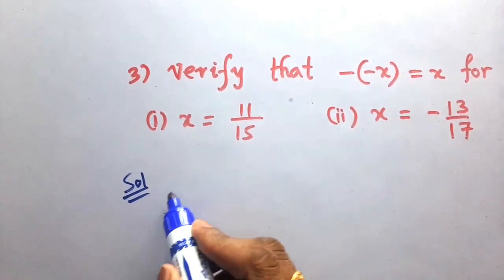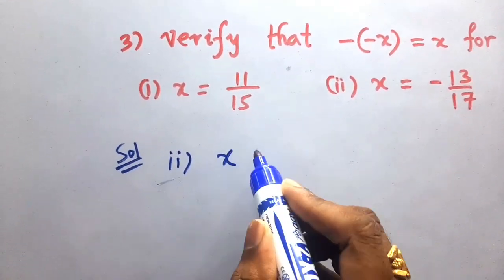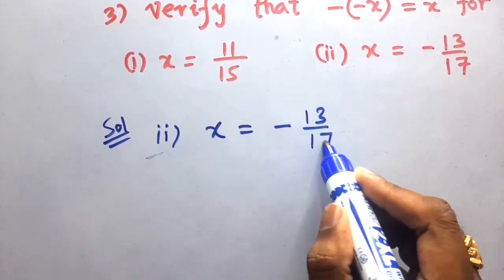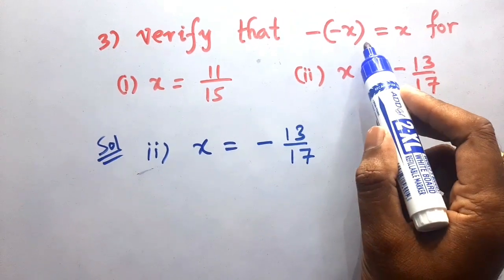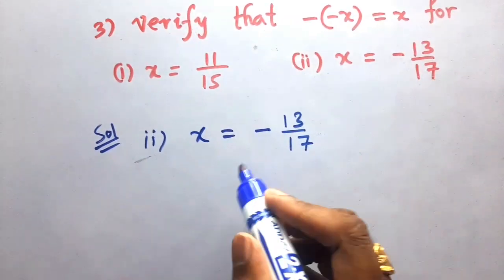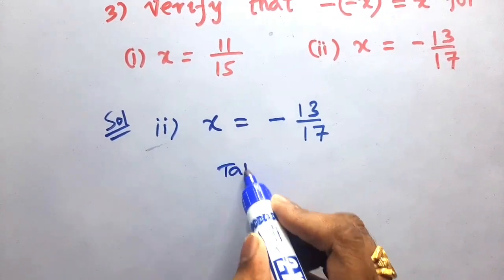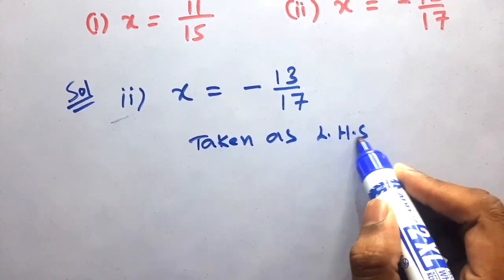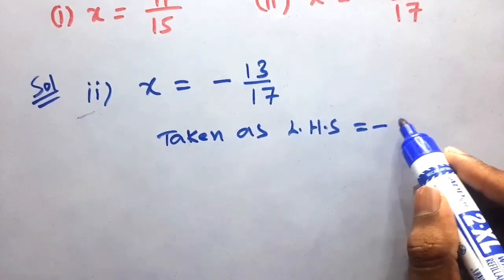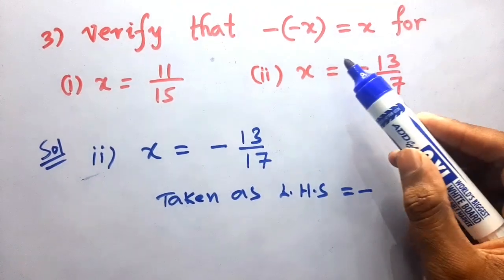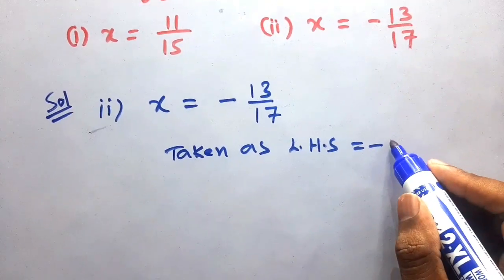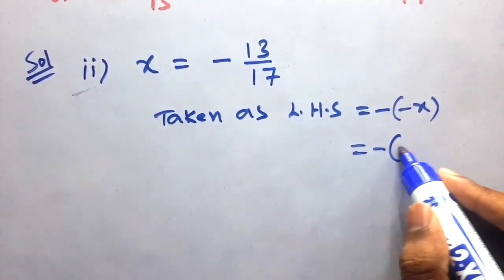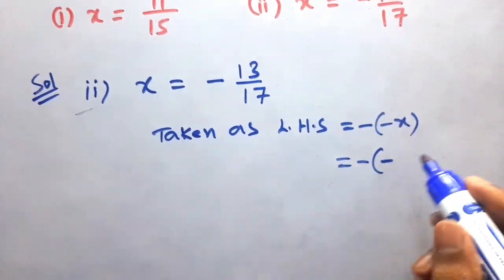See the second one. x equal to minus 13 by 17. So you have to verify this one. First take LHS, left hand side value, is equal to minus of, what is given in LHS? Minus of minus x is equal to minus of minus, what is the x value given?